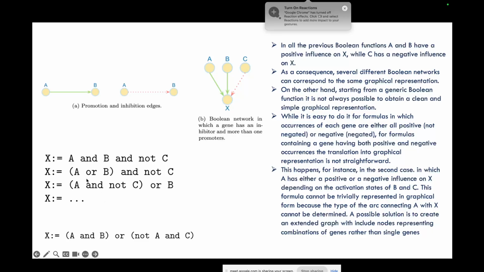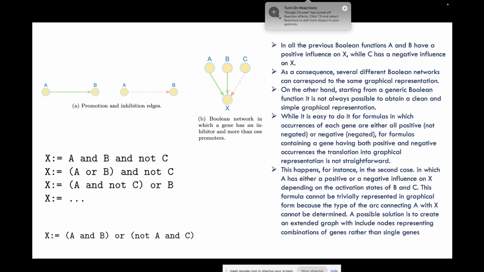But the second condition, A or B and not C, is basically representing that either A has a positive or a negative influence on X, depending on the activation states of B and C. What it is saying is, if you have either A or B and not C, the system works, the network works, and X is getting produced.